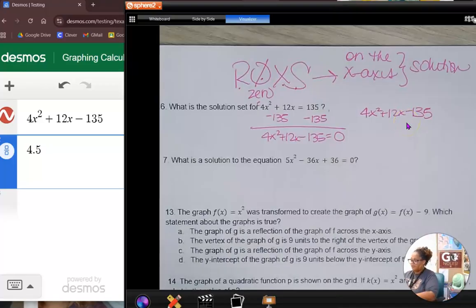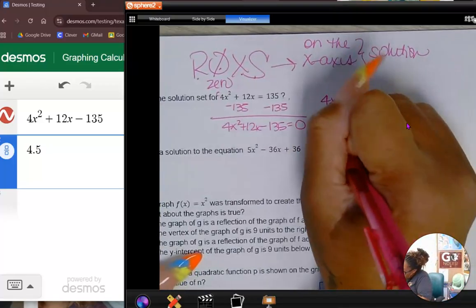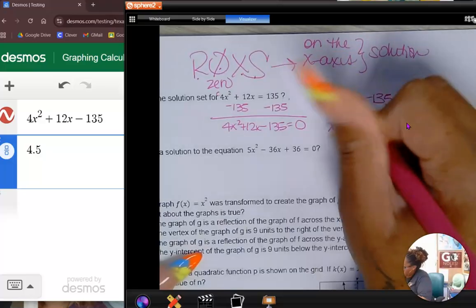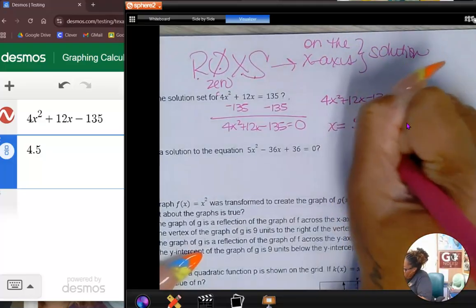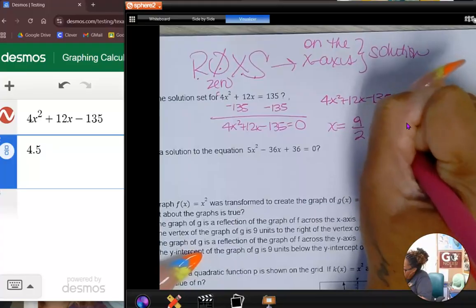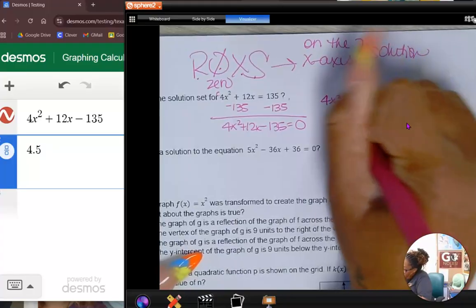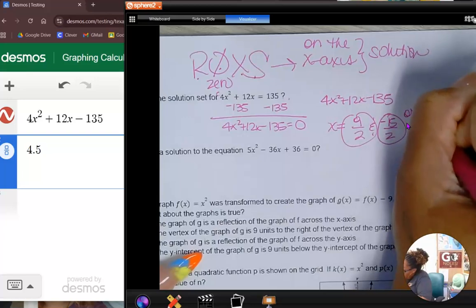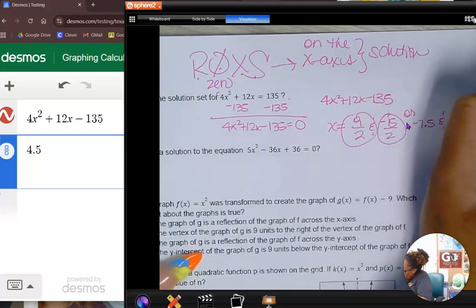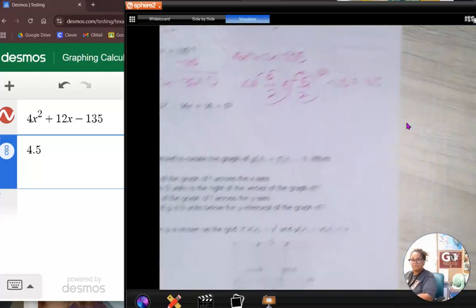So when I come back over here, my solution, my x, my root, my 0 is 9 halves and negative 15 halves, or negative 7.5 and 4.5.